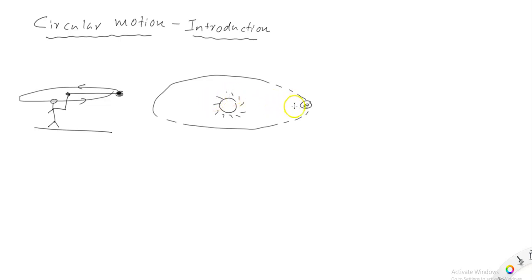Now, what provides the force? What maintains Earth going in a circle around the sun? It's the gravitational attraction between these two bodies, between the sun and Earth. The sun is pulling on Earth towards itself, so that keeps Earth from escaping in a straight line like this. It always changes the direction into this circle.